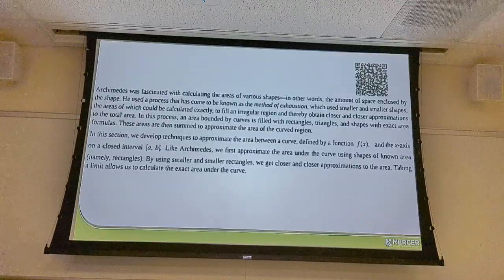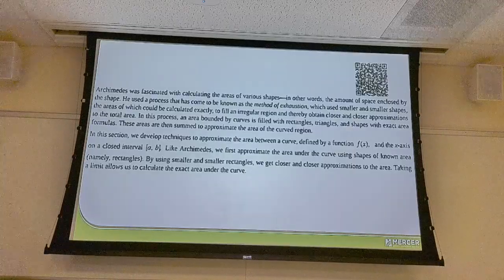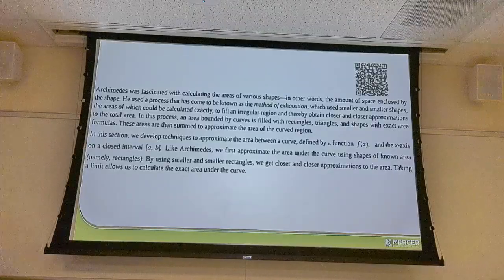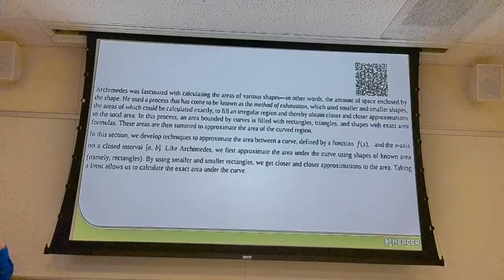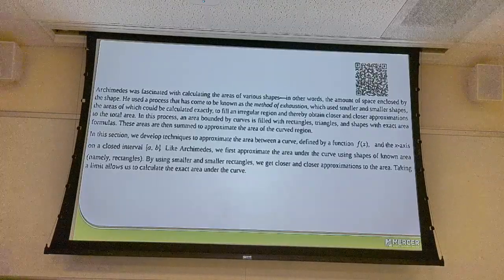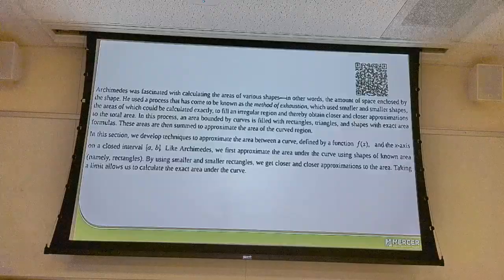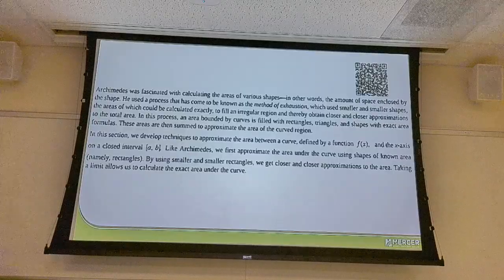Then the idea is, as we use increasingly smaller rectangles, the number of rectangles is going to get larger and larger, and the area is going to be a much better approximation.